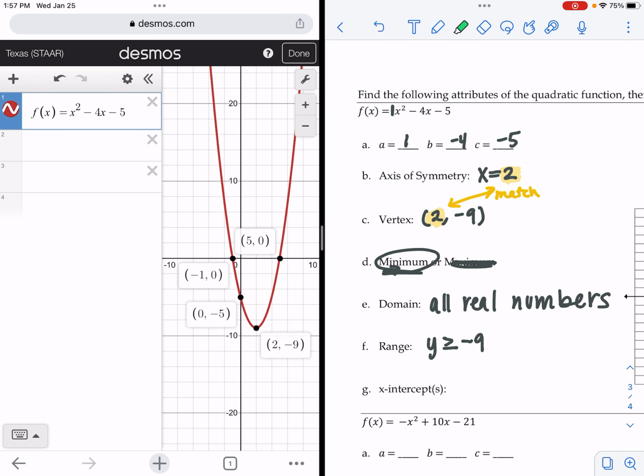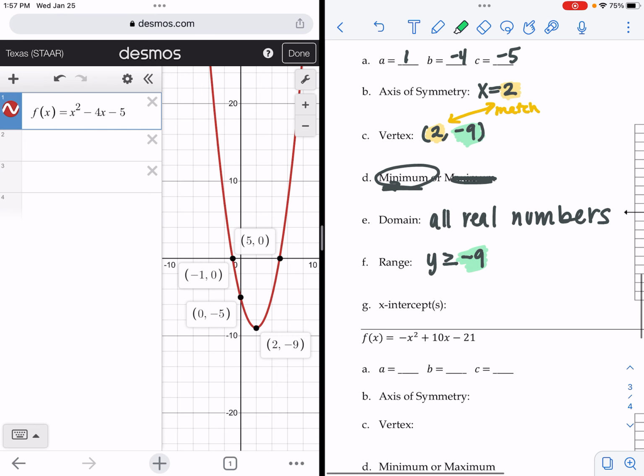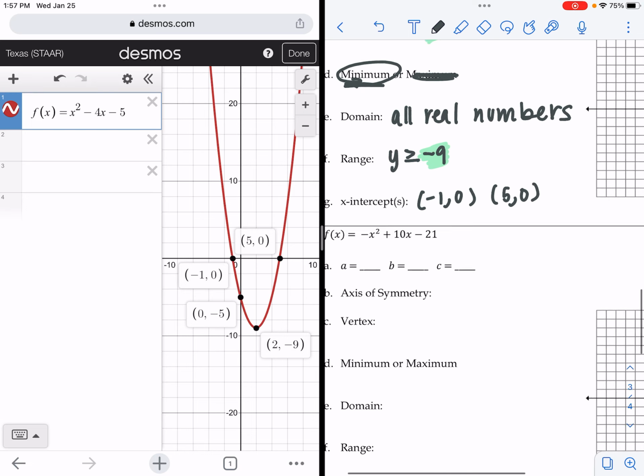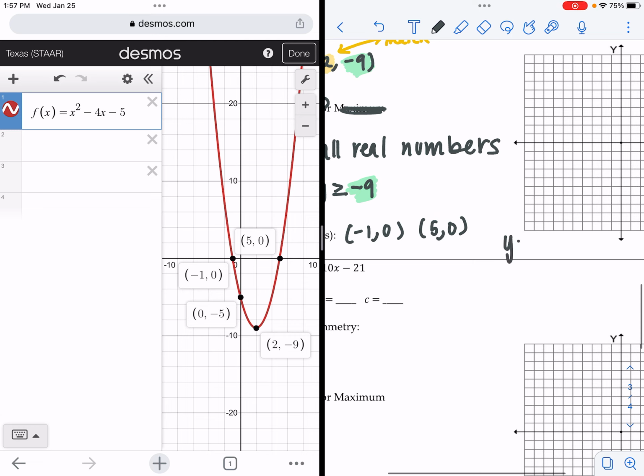So this number and this number should always match. And then our x-intercepts, -1, 0, and +5, 0. They didn't ask for the y-intercept, but it's on your exit ticket, so let's go ahead and put the y-intercept as well. 0, -5.